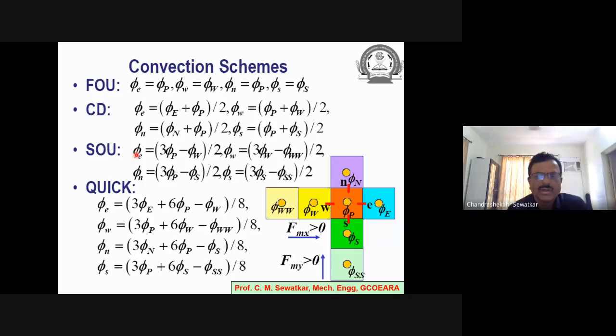If it is a SOU convection scheme, if it is phi e, then my expression will be 3 phi P minus phi W divided by 2. If it is phi w, then these two upstream values will be used: 3 phi W minus phi WW divided by 2.